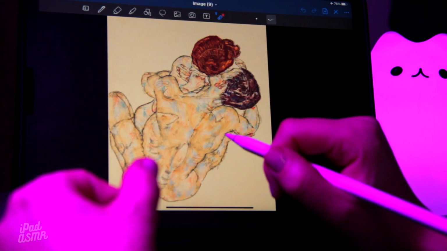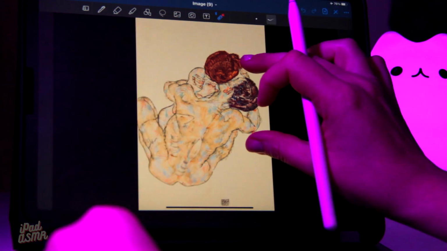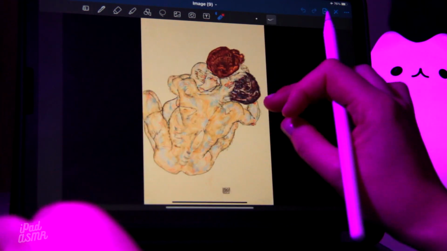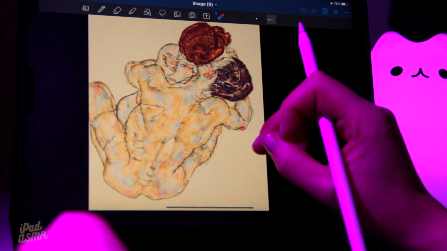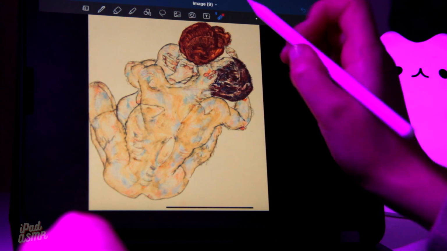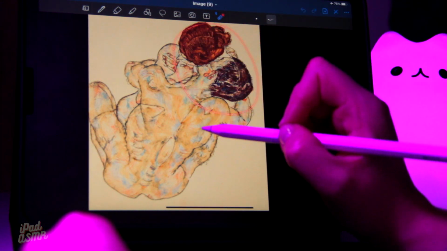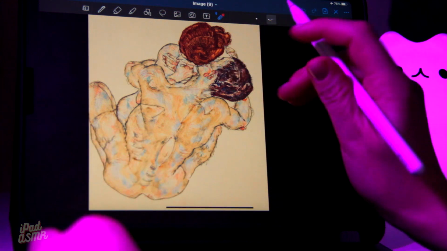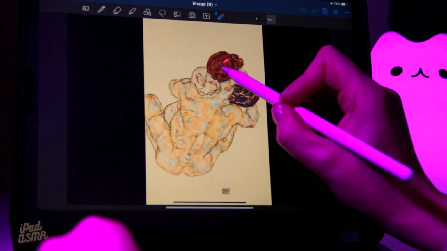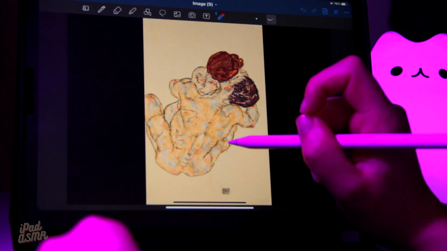I hope that it's that way. But it gives me nice feelings. It reminds me of me and my other half, of that passionate embrace, and we have the same hair colour actually.